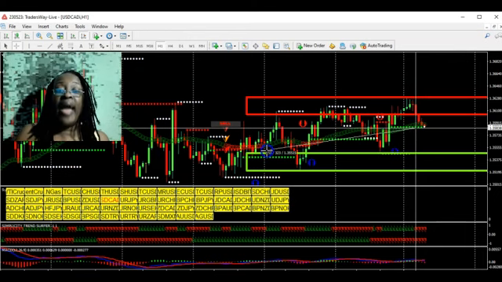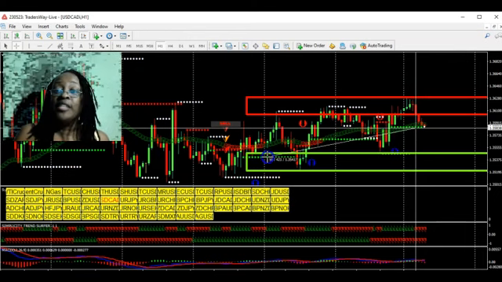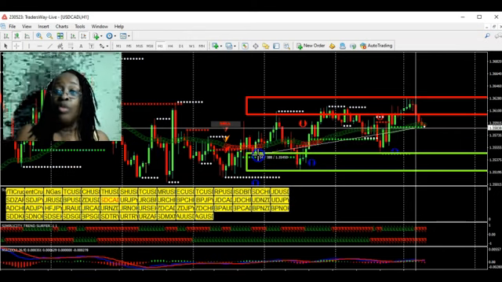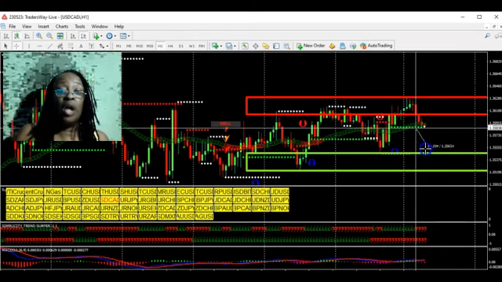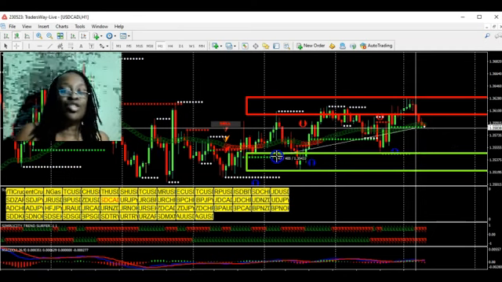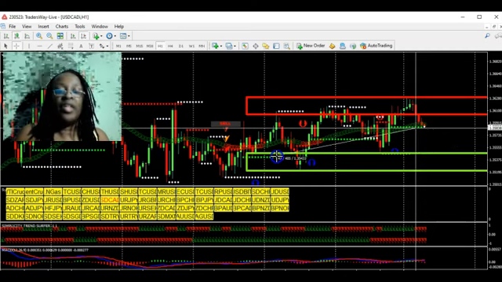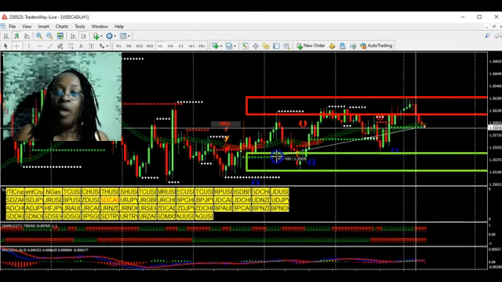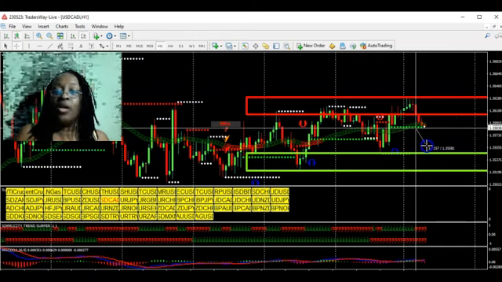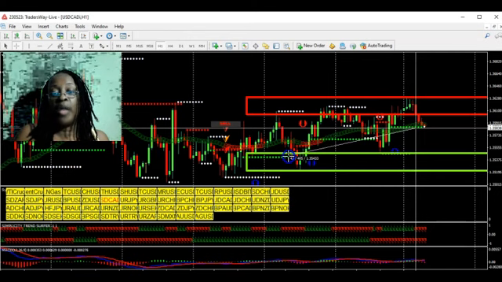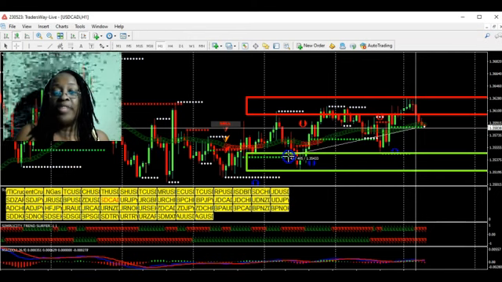And the fact that we have the Simplicity identifying a support level in the zone that price is going to ultimately go into is an additional strong confirmation that that's where price is going to go. So yes, I would take that all day. I will position myself as far as my TP right at this point.